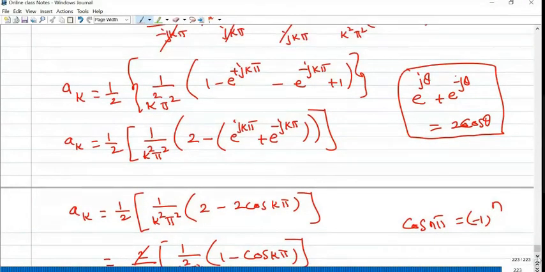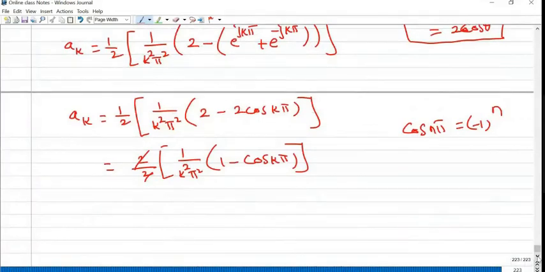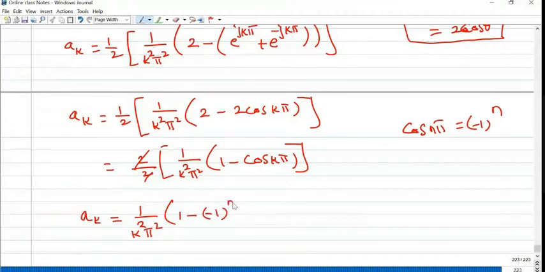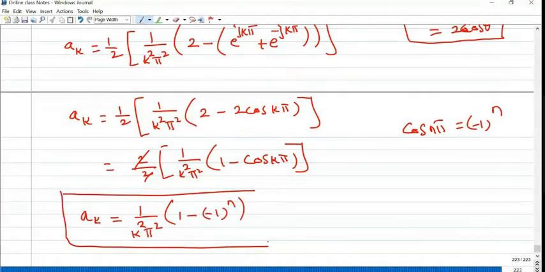So the exponential Fourier series coefficient ak for this given continuous time periodic signal is 1 divided by k square pi square, 1 minus minus 1 power n. So this is the value for ak. If n is an odd value, then ak equals 0.